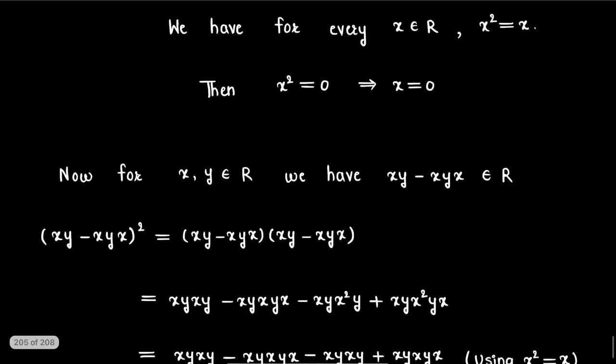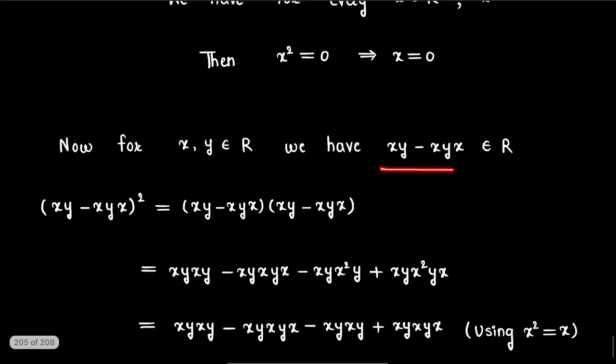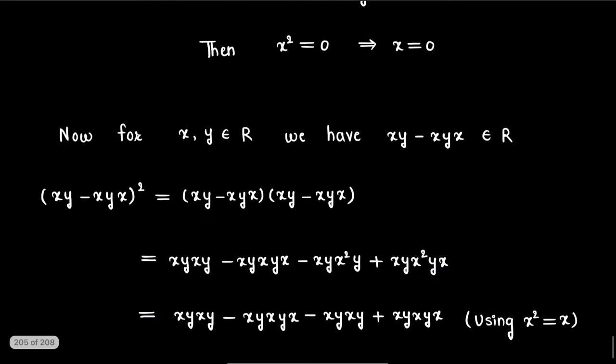Now we have for this element xy minus xyx in ring R, (xy minus xyx) square will be xy minus xyx multiplied by xy minus xyx. Now solving this, we get xy dot (xy minus xyx) minus xyx dot (xy minus xyx).